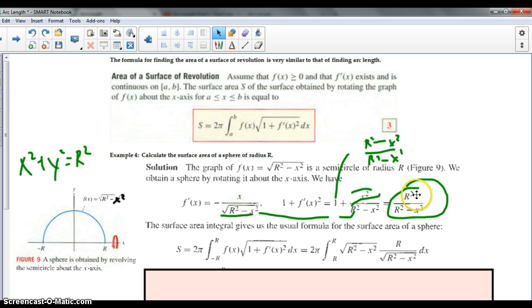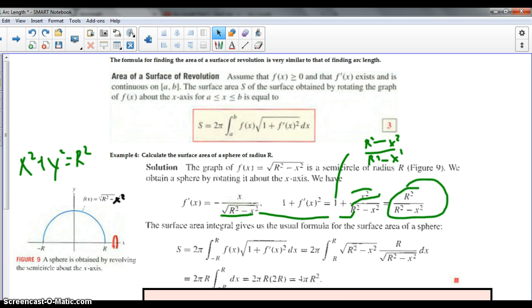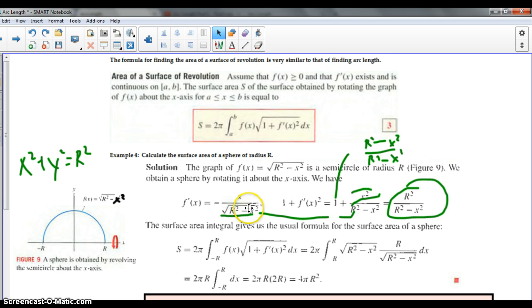So that meant we took an r off the top, and we took the square root of the expression on the bottom. And it becomes a very simple problem to solve because the r squared minus x squareds within the integrand cancel each other out. So all you're really integrating is r with respect to x.